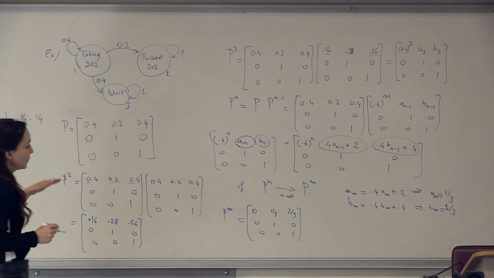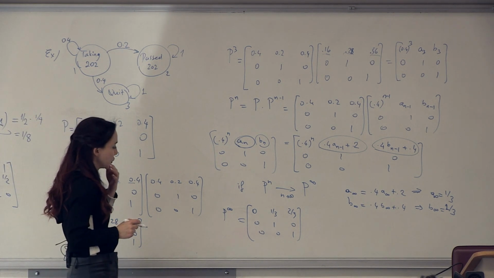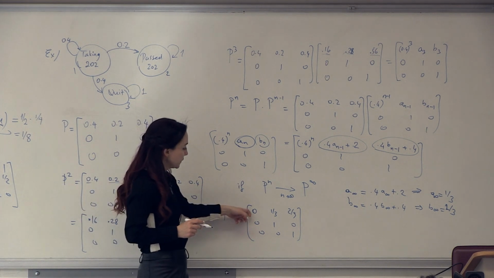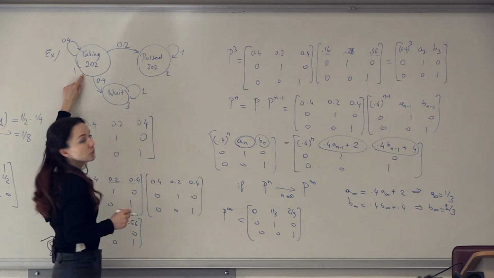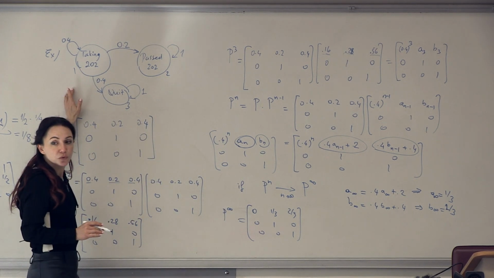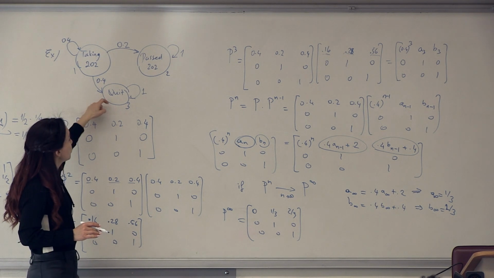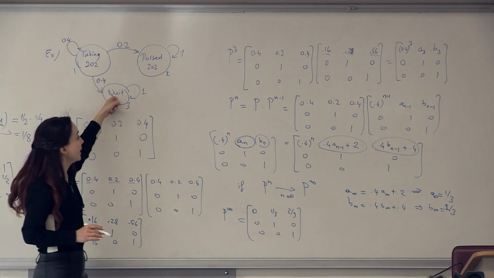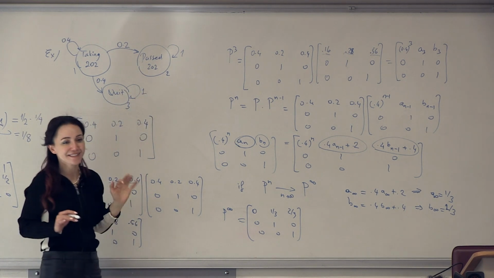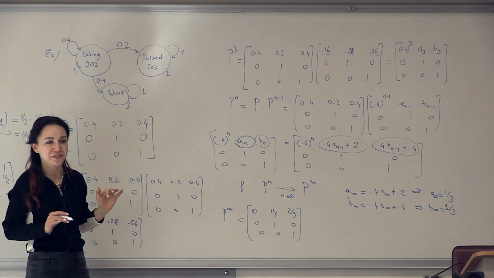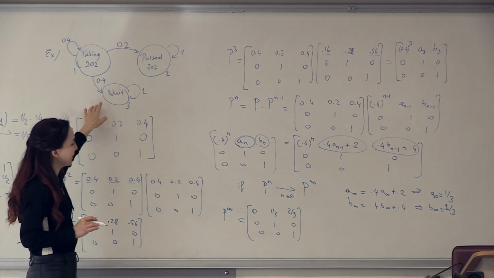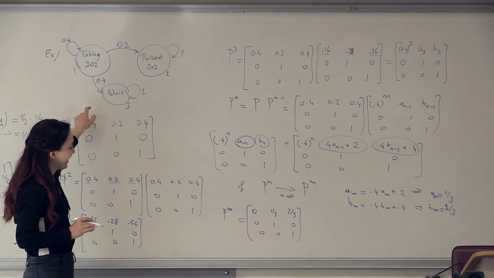It says that after a very long number of transitions, the probability of still being in state 1 goes to 0, and I'm twice as likely to be in this state as I am to be in that state. That does not send a happy message maybe, but sorry about that.